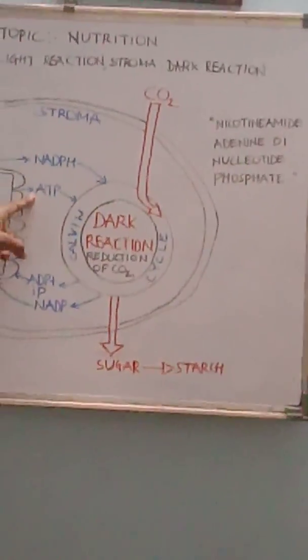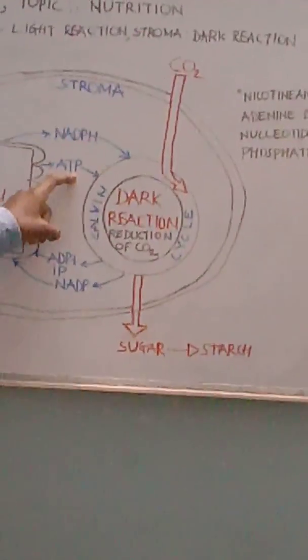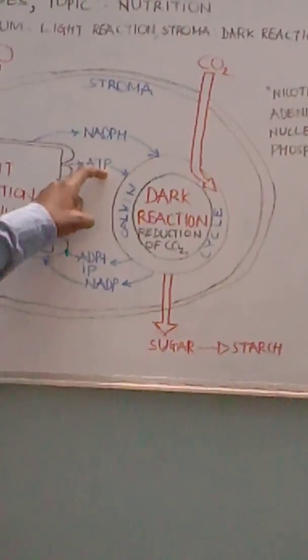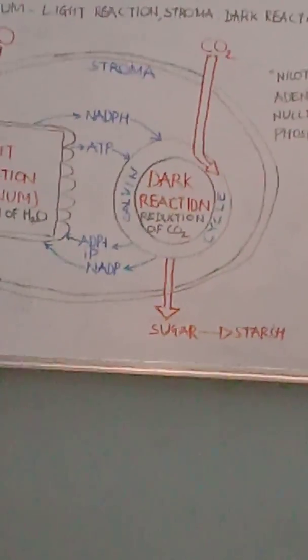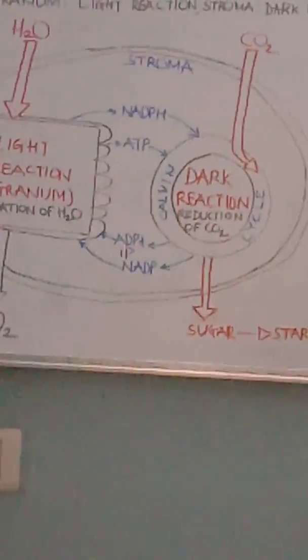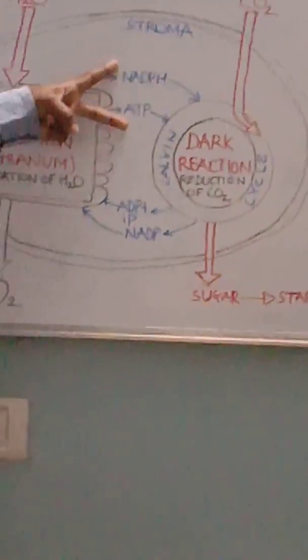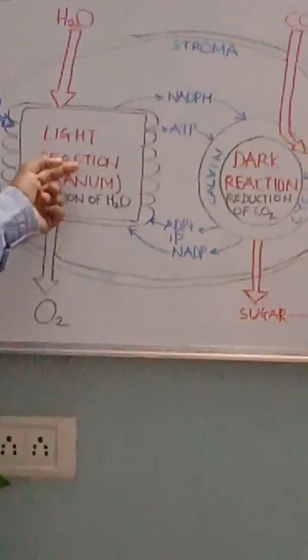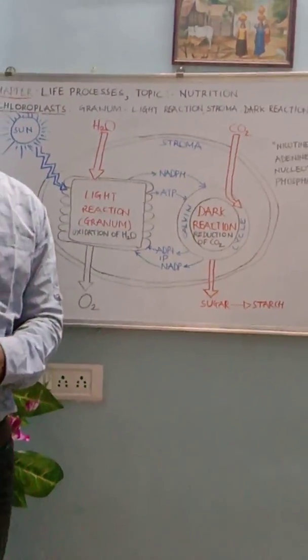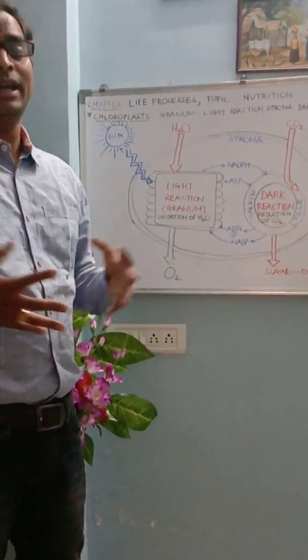And another chemical energy is in the form of ATP, that is adenosine triphosphate. So these are the two end products of this light reaction: synthesis of NADPH and synthesis of ATP.